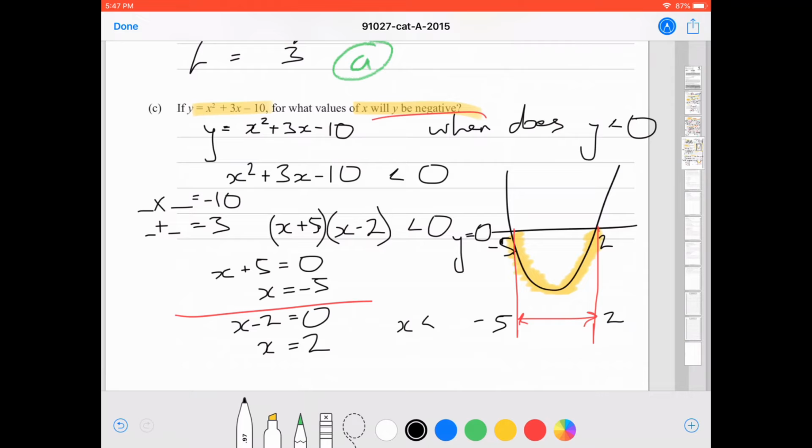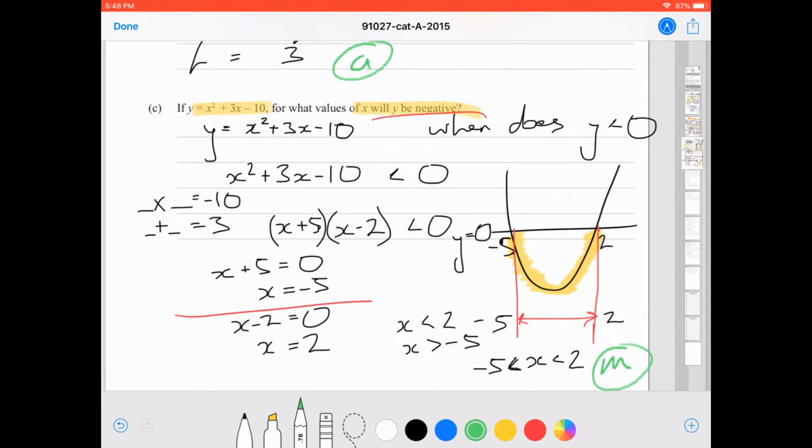X is less than 2, and x is greater than negative 5. Okay, this could be written as x is less than 2 and greater than negative 5. And here, this interval gets you the merit.